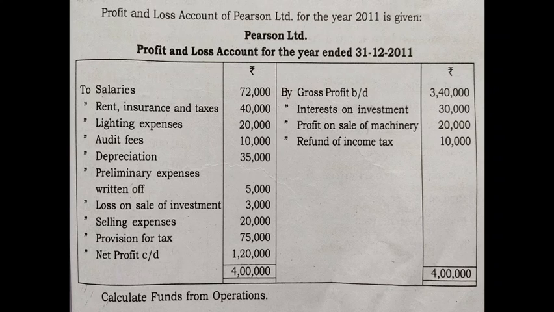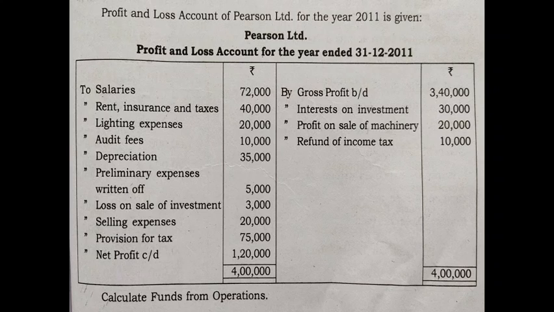Usually in an essay question, you will be given two balance sheets and some additional information, and you may not be given a profit and loss account. In that case, you have to prepare fund from operation on the basis of additional information and some of the items given in the balance sheet.